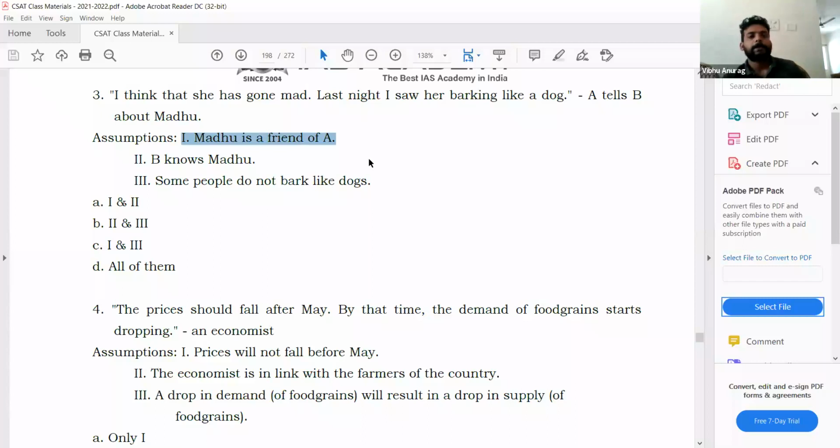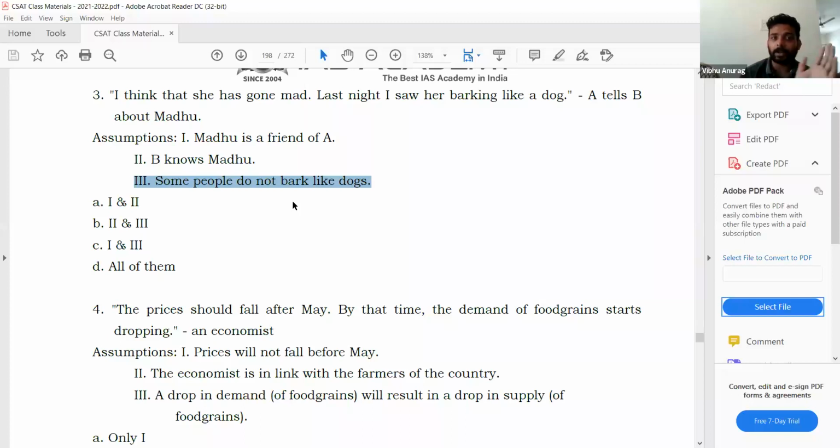So, and then third one, some people do not bark like dogs. Think of it in this way. Does A find this behavior surprising or normal? Surprising. He's surprised at this behavior.